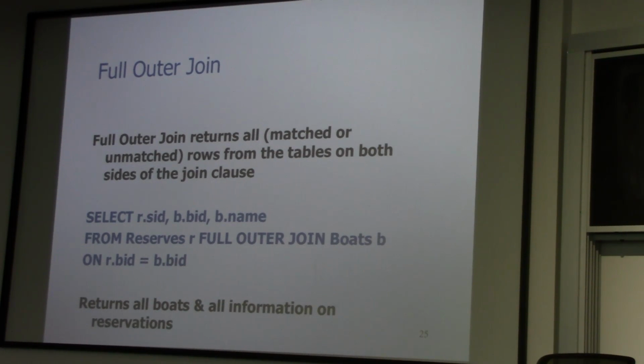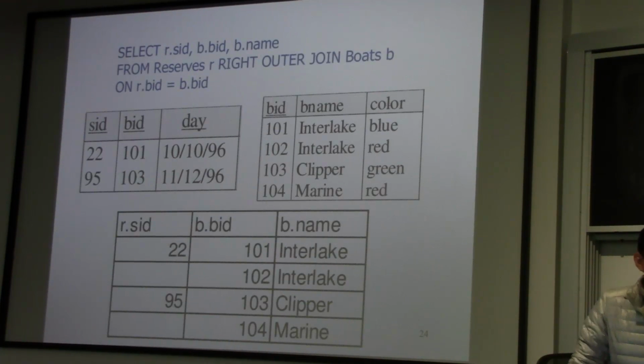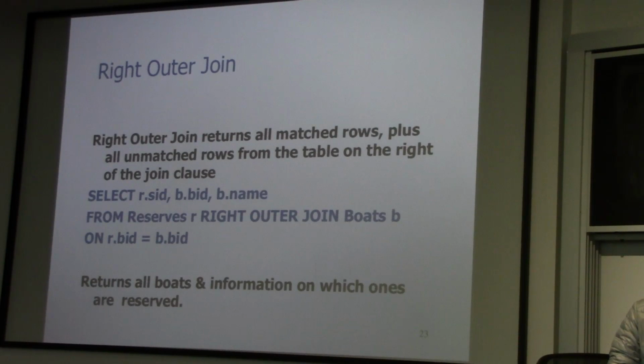So, in the right outer join slide, you said that if we switch the two tables and then use left outer join, you get the same thing, right? Yes. What if we don't switch the tables? Would it give us an error because the relation is in the opposite direction? No, it will not give you an error. It will give you what the definition of right outer join does.